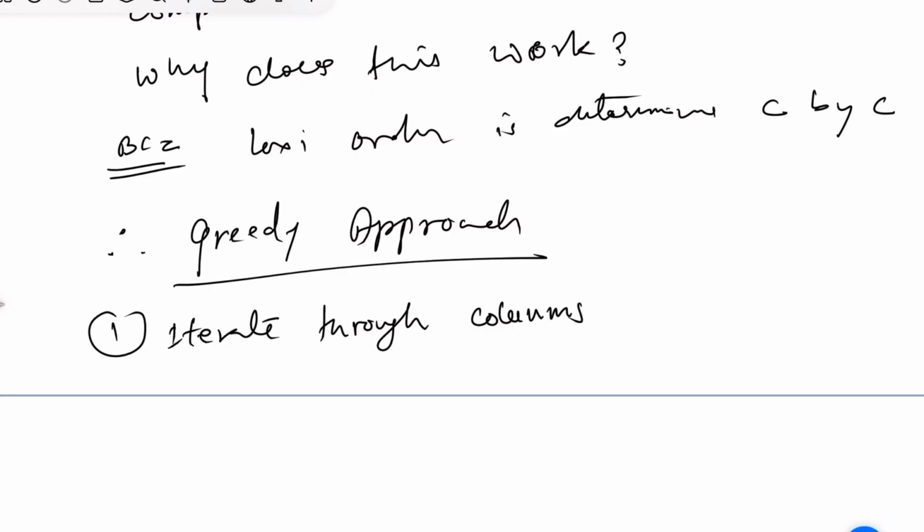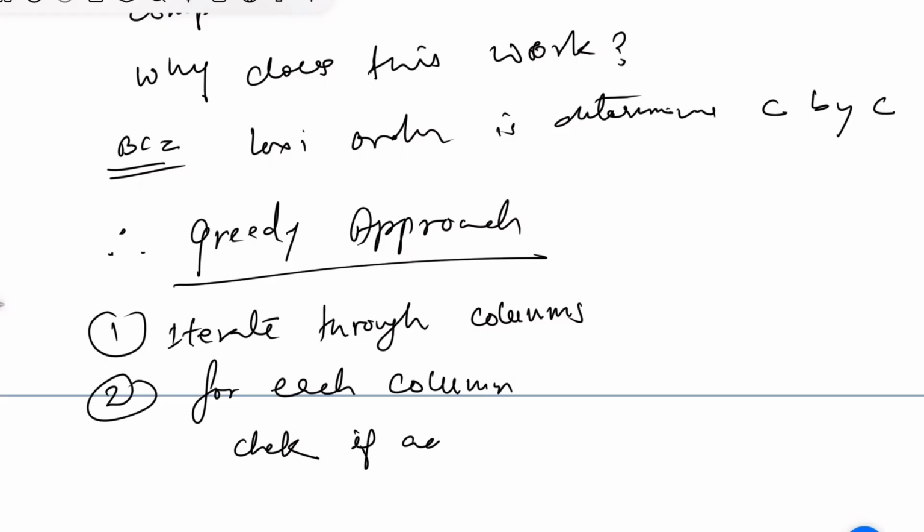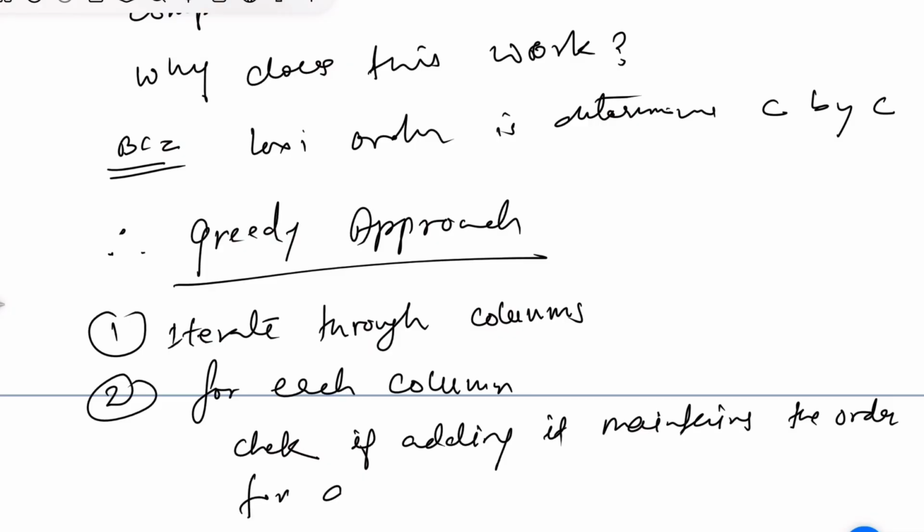Once you iterate through the columns, for each column check if adding it maintains the order for all unsorted row pairs.